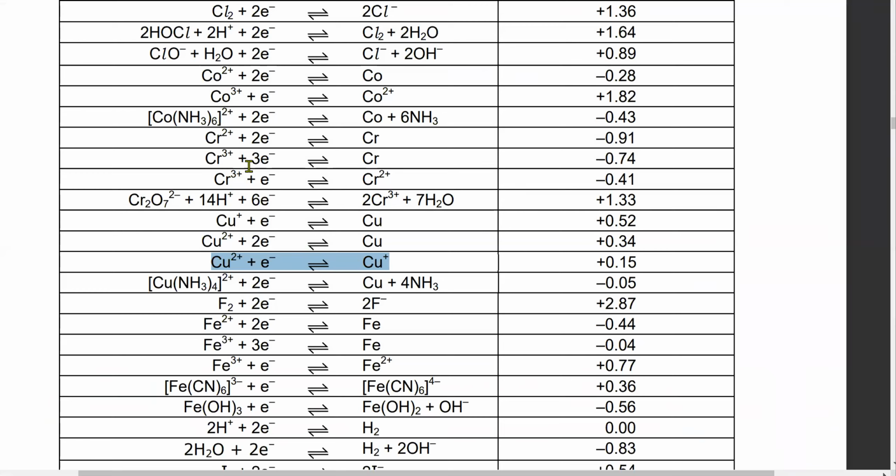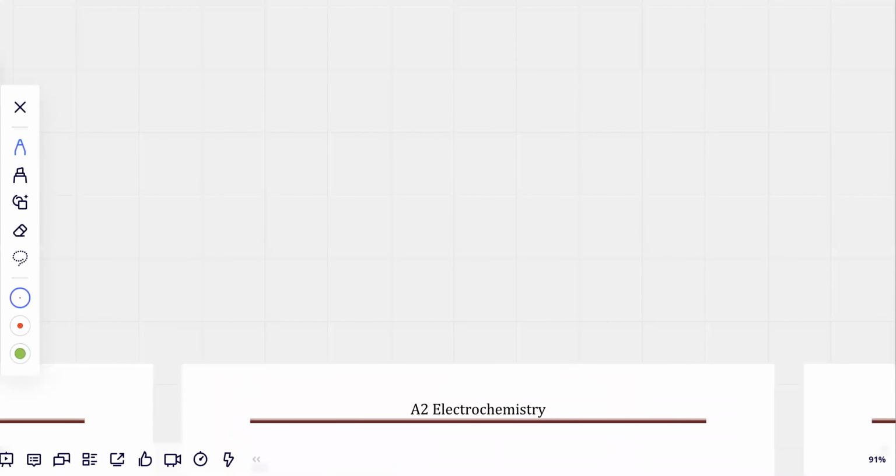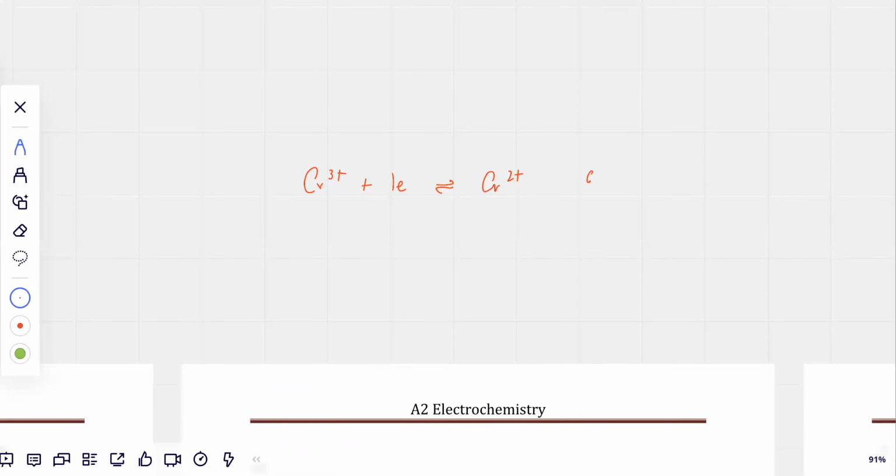Let's take the Cr3 plus, Cr2 plus electrode, and this one is minus 0.41 volts.